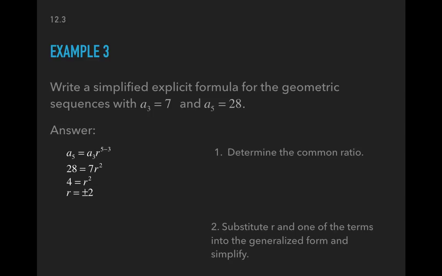So let's substitute r into our formula now. I'm selecting my k value as that position 3. So a(n) would be 7 times 2 to the n minus 3. Or I could have a(n) equals 7 times negative 2 to the n minus 3. And we're just going to leave that there.